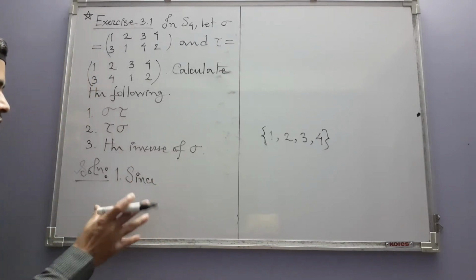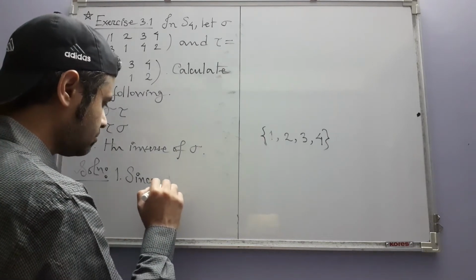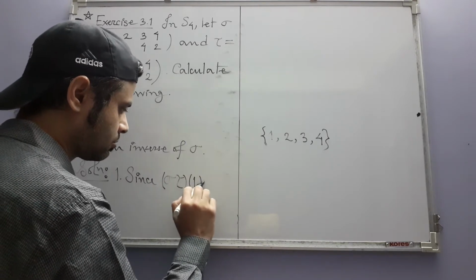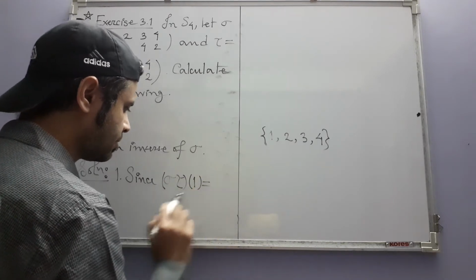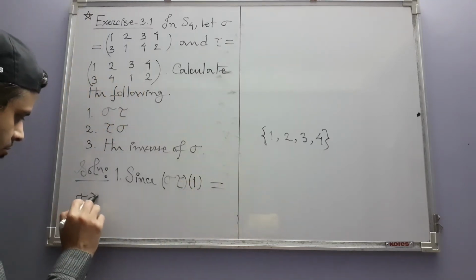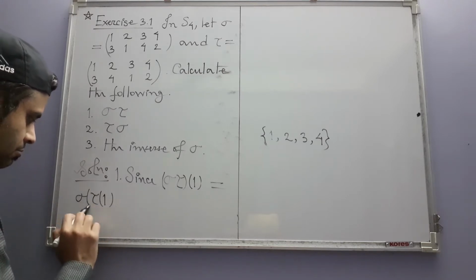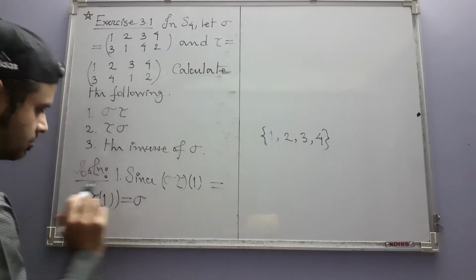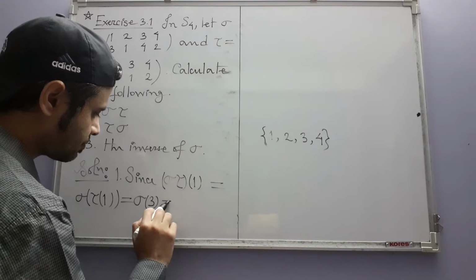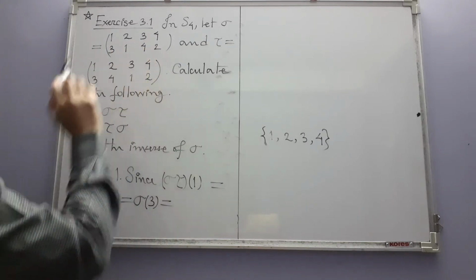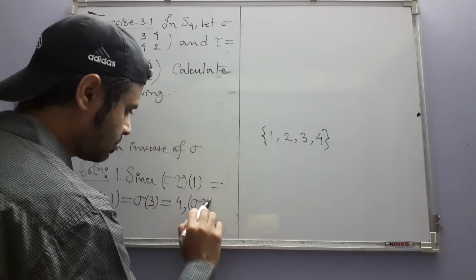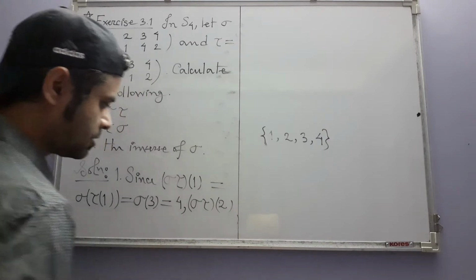For this one, let us show all the details. This is sigma of tau of 1. Tau of 1 is 3, so that means this is sigma of 3, and sigma of 3 is 4. Like that we calculate the composition at 2.